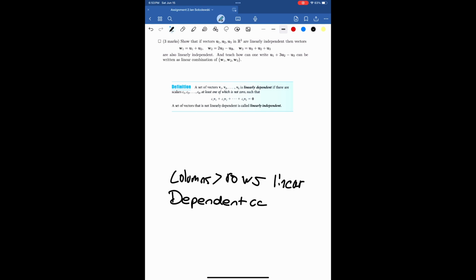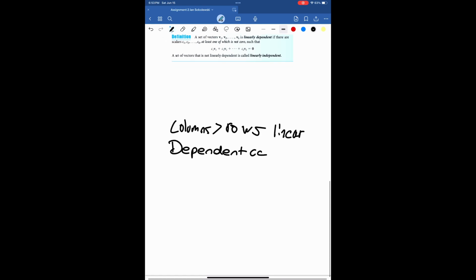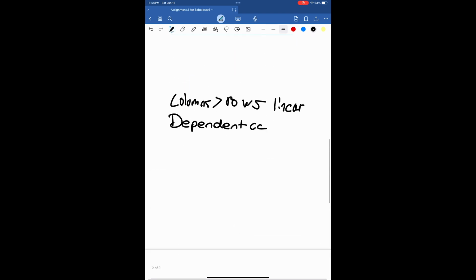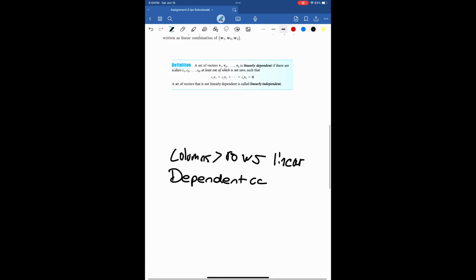But we want linear independence, so basically no non-zero scalars. Also, if there are more columns than rows, there's a linear dependence in the system. Otherwise, it's linearly independent if there are more rows than columns.